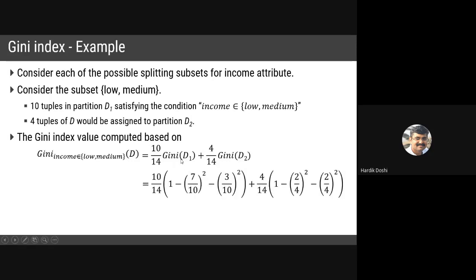So Gini of D1 is 1 minus (7 by 10) raised to 2 minus (3 by 10) raised to 2, because 7 are for yes and 3 are for no. Now D2 means the 4 tuples which belong to D2, that means they are for high.